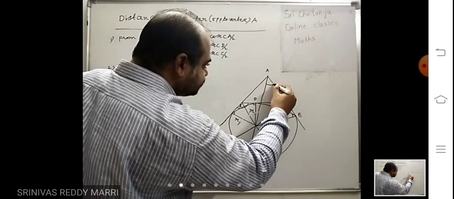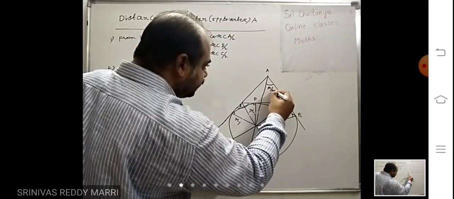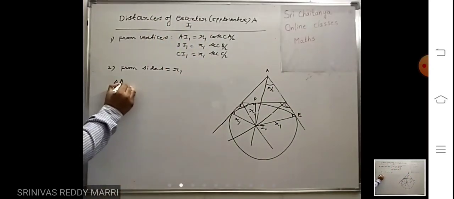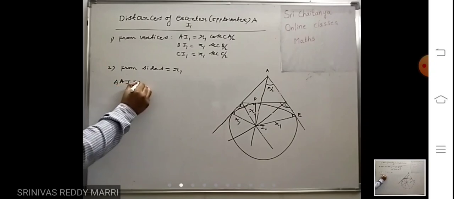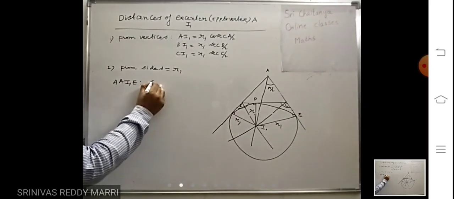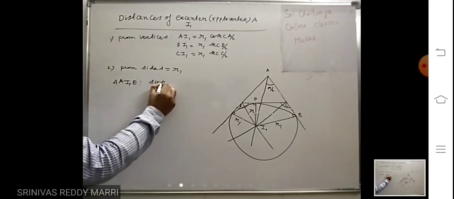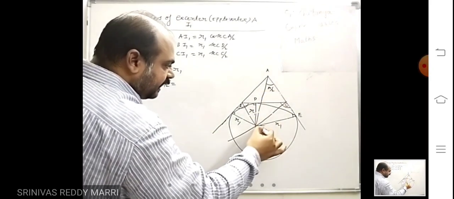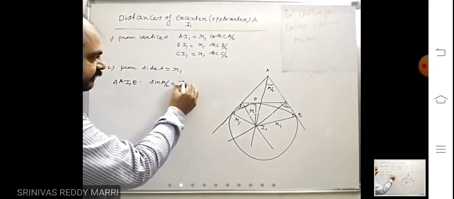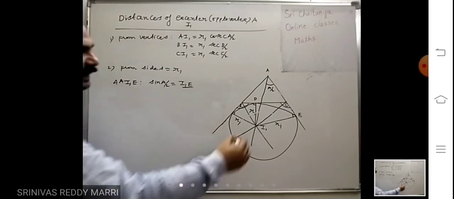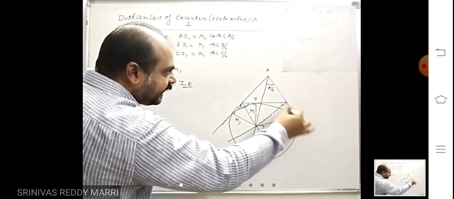In triangle AI1E, this angle is what? A by 2. Triangle AI1E, I am writing sine A by 2. Sine A by 2 is nothing but opposite I1E divided by hypotenuse. This is right angle.